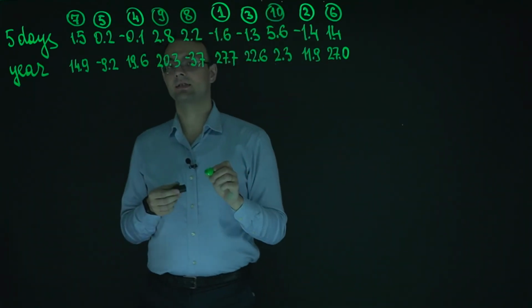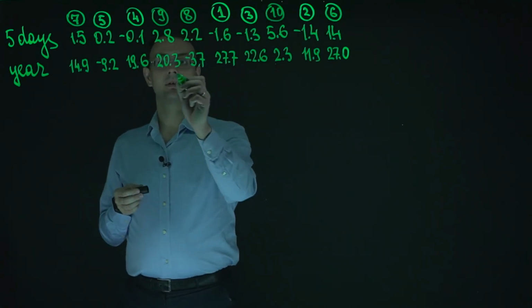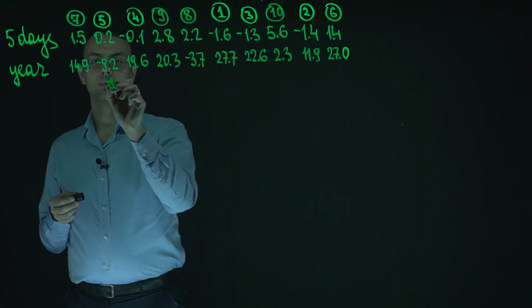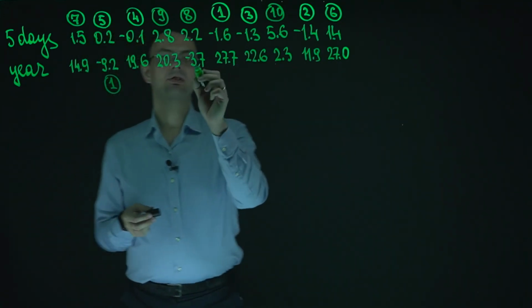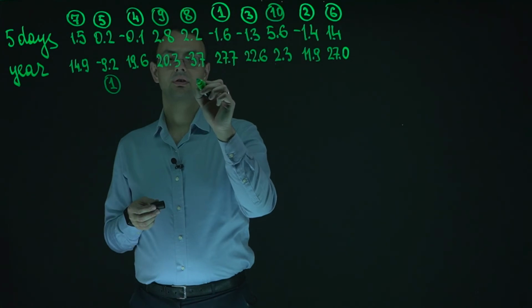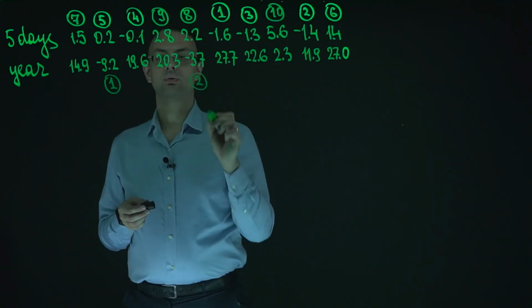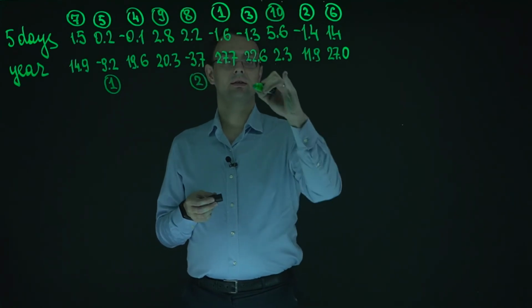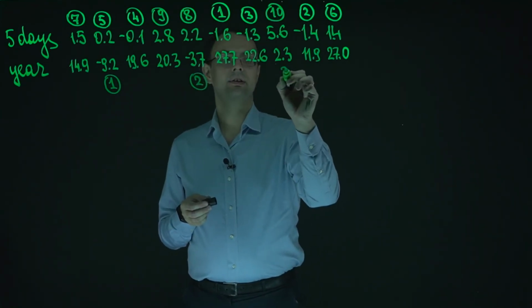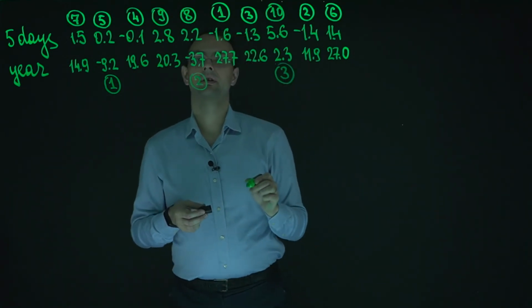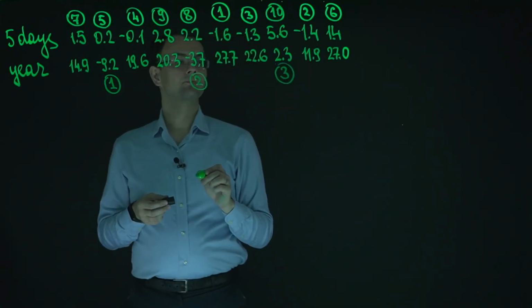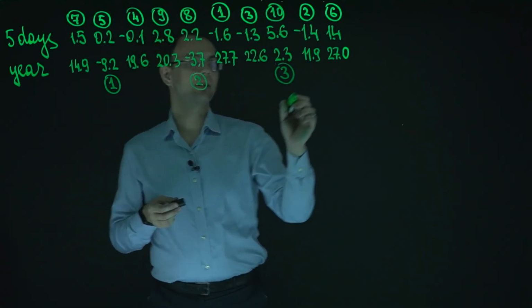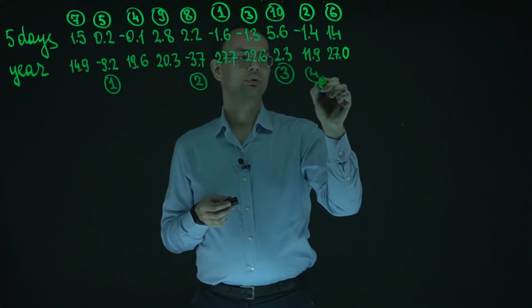Then the second sample. The minimal observation is minus 9.2, rank 1. Then minus 3.7, rank 2. Then 2.3, rank 3. Then 11.9, rank 4.